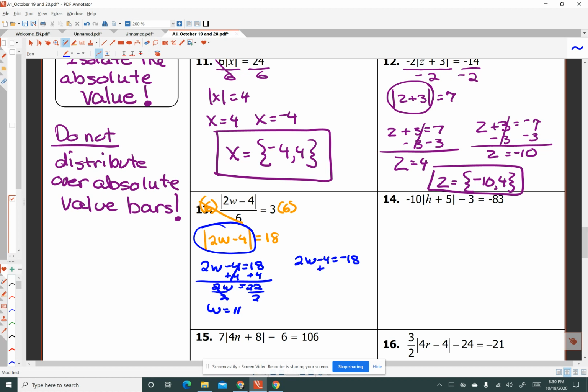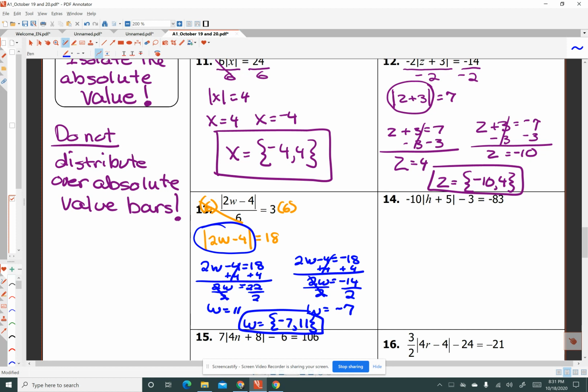On this side, we'll add 4 to both sides of the equation. 2w equals negative 14. Squeeze my negative sign in there. We divide both sides by 2. And w equals negative 7. So our final answer, w equals negative 7 and 11. And that's our final answer.